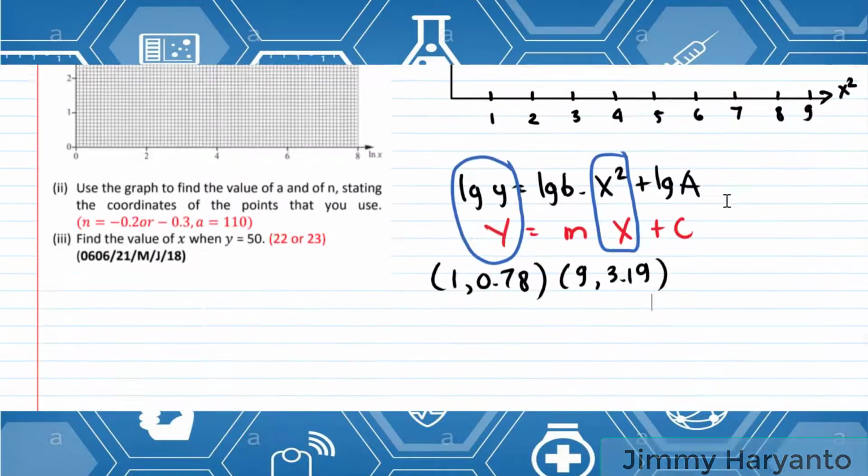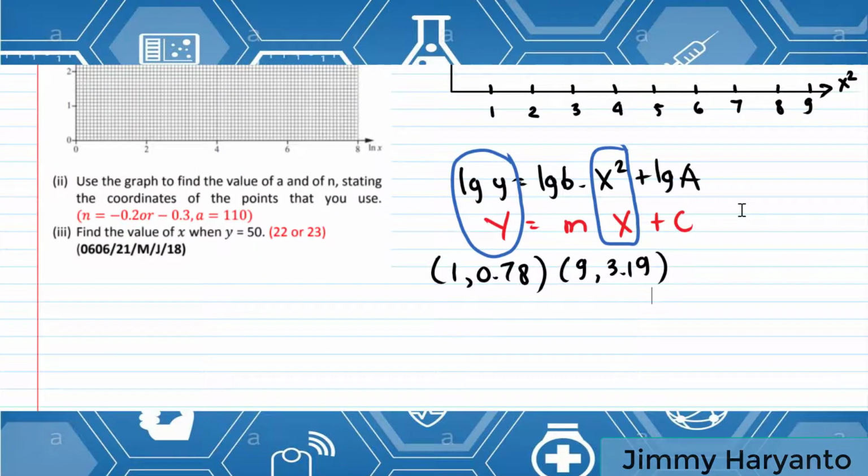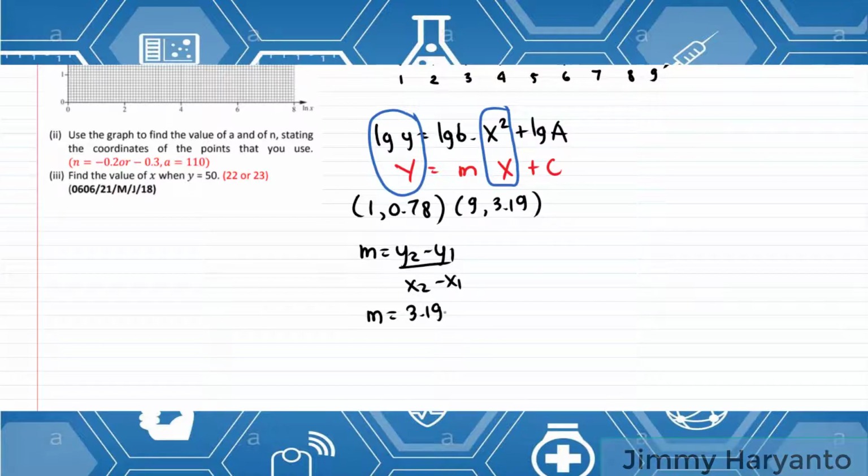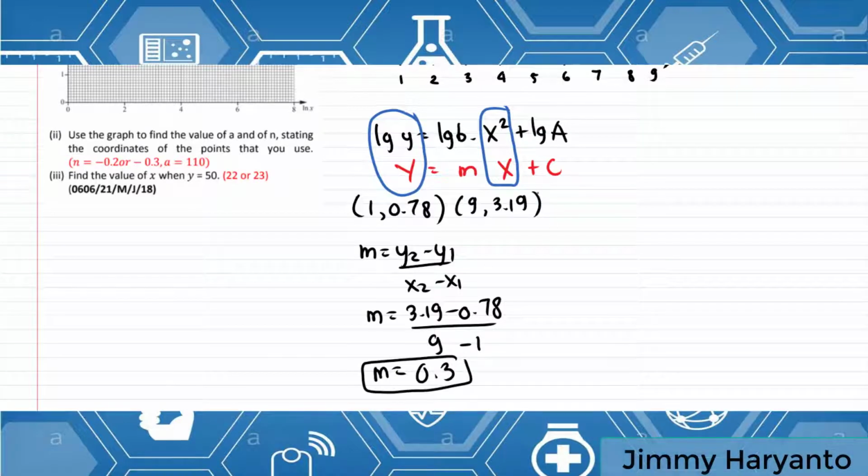Is it correct? Yes. Okay, find the gradient first. The gradient is y2 minus y1 over x2 minus x1. So the gradient is 3.19 minus 0.78 over 9 minus 1. So m will be 0.3.